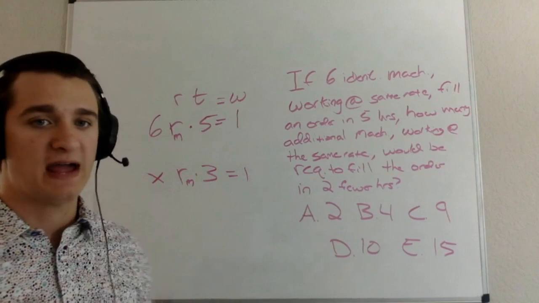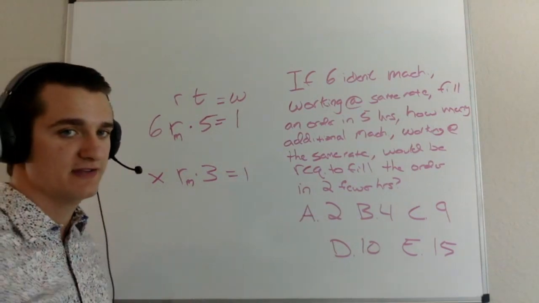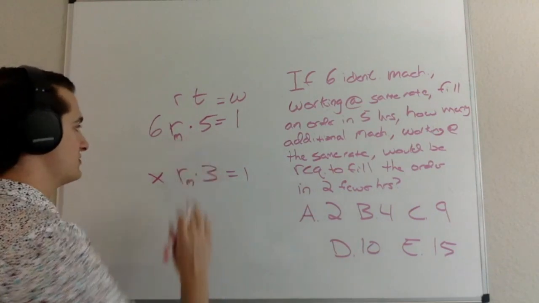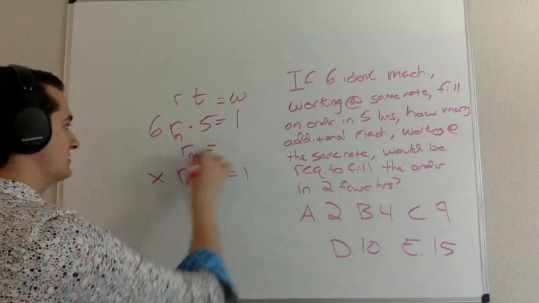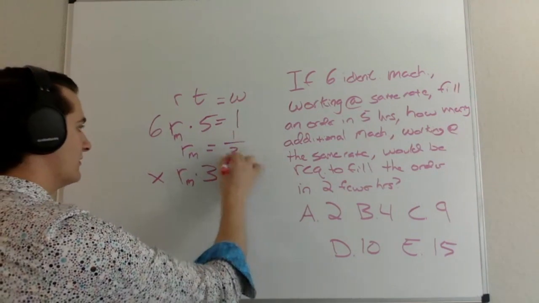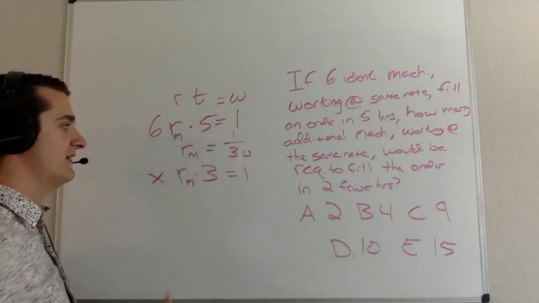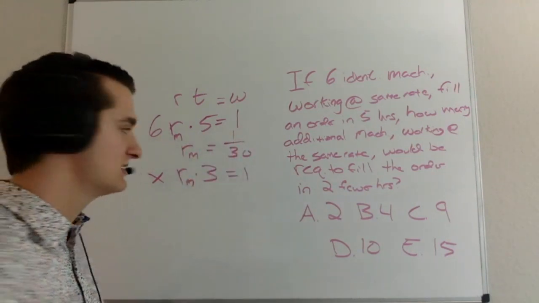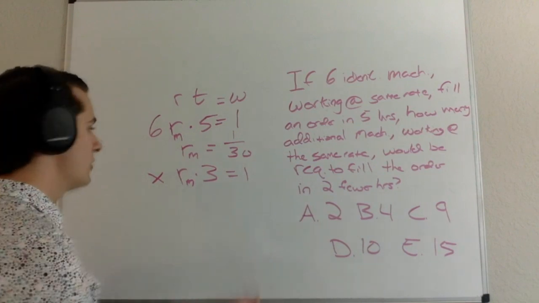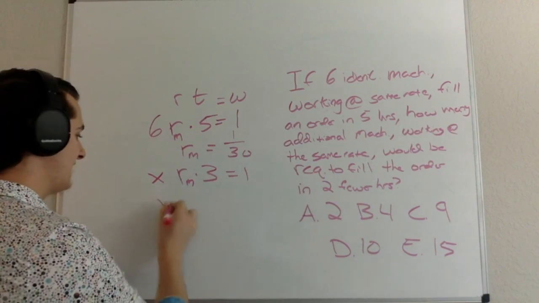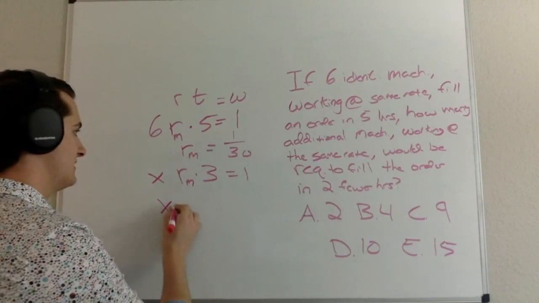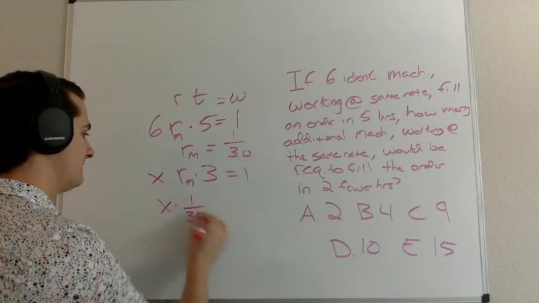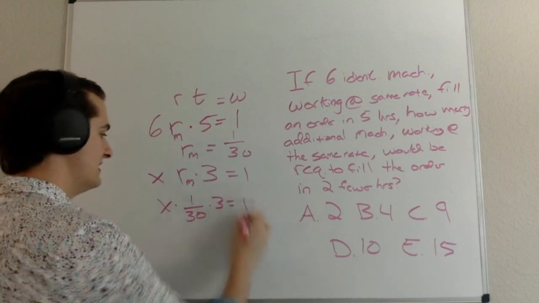And now all of a sudden I have a system of 2 different equations. So I'm going to solve this one first, which tells me that the rate of one machine is going to be equal to 1 over 30, because 6 times 5 is 30, and I'm going to divide everything by 30. The rate of one machine is 1 over 30, which I can then use here and say X, the number of machines that I'm using here, times 1 over 30 times 3 is equal to 1.